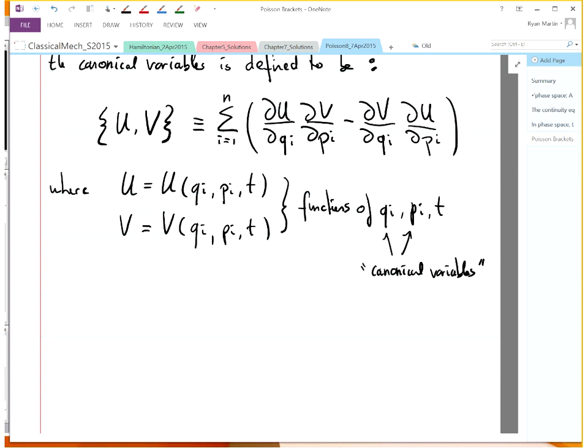So in the notes, I'm not going to write them all down, but there are a lot of properties that these Poisson brackets obey. In fact, it will be your assignment to prove a good fraction of these properties.